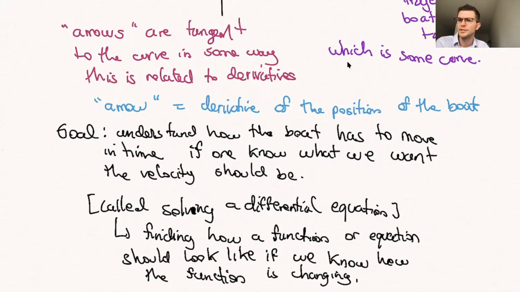These are sometimes called logistic growth equations or things like that. And from knowing how fast, a rate of change, how fast the population is supposed to grow, you can tell what the actual size is.